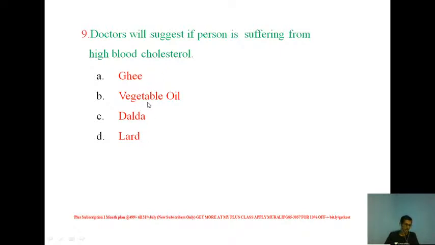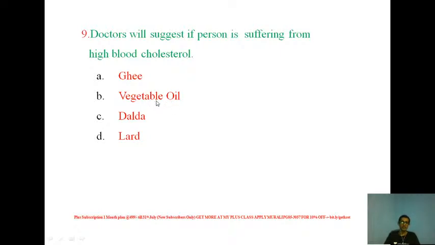Which is the right answer? Someone is saying C, D. Actually the answer is B, vegetable oil. It will reduce high blood cholesterol, or maintain the actual level of blood cholesterol in our body, isn't it? So B is the right answer, vegetable oil.